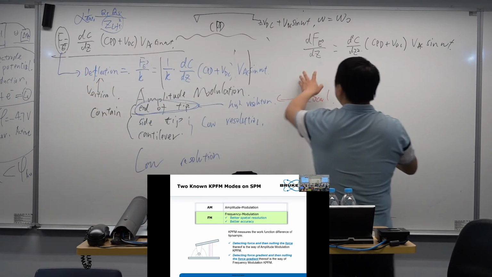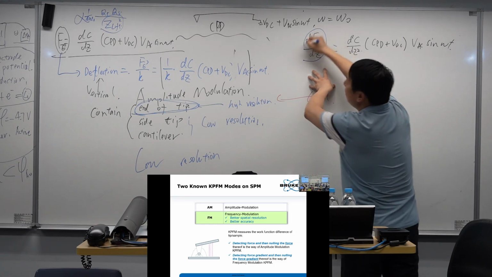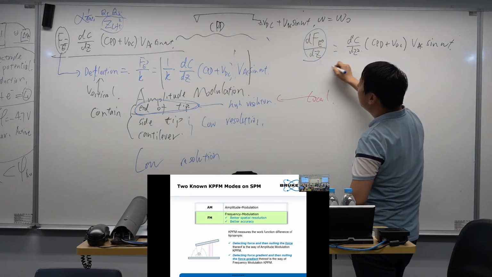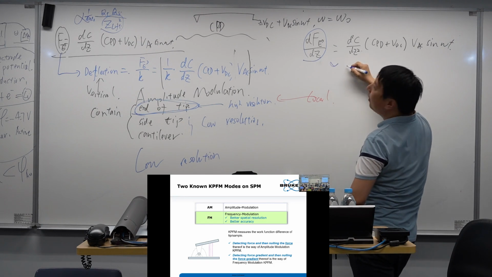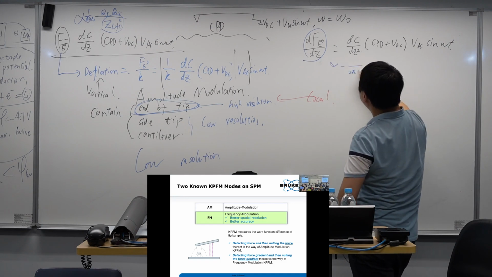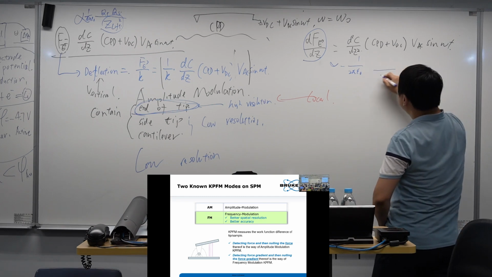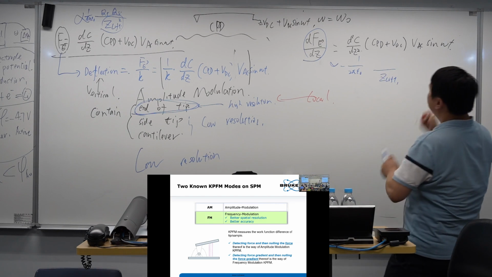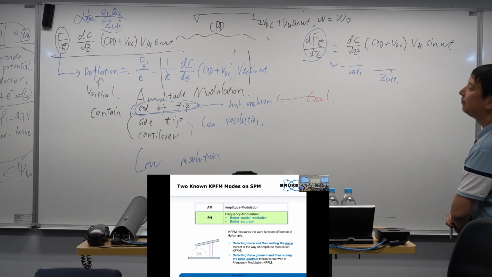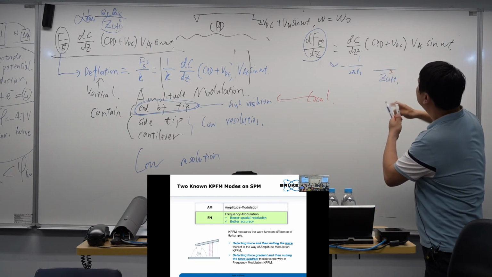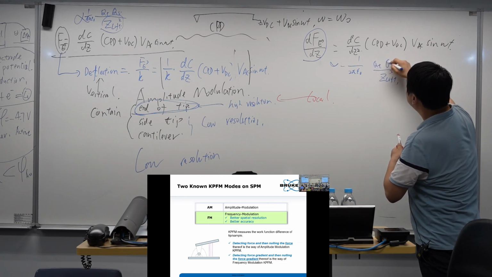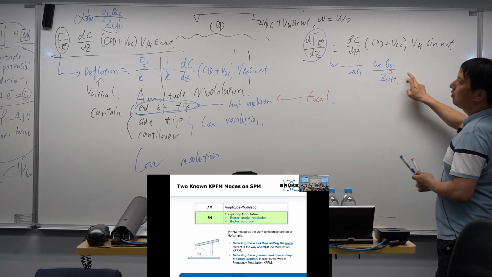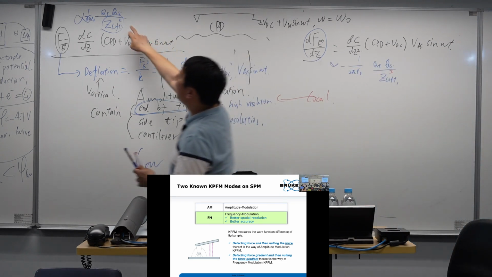If we take a derivative, it will be 1 over 2 pi epsilon 0, Q tip Q sample, over Z lift to the third power, whereas the force is the square term.